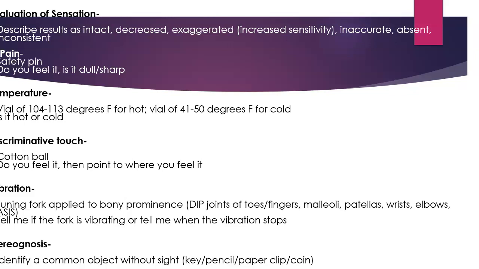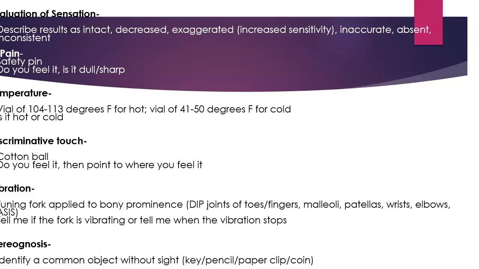And you identify with their eyes closed what sharp feels like and what dull feels like. And then as you're testing it, you're changing the pace. You're not going sharp, dull, sharp, dull. You want to change the pace at which you put that pin on. Because again, they're just guessing, right? 50% guess potentially. And so if you don't put anything on their skin and they're yelling dull or sharp, they're not feeling anything because there's nothing touching their skin, right?